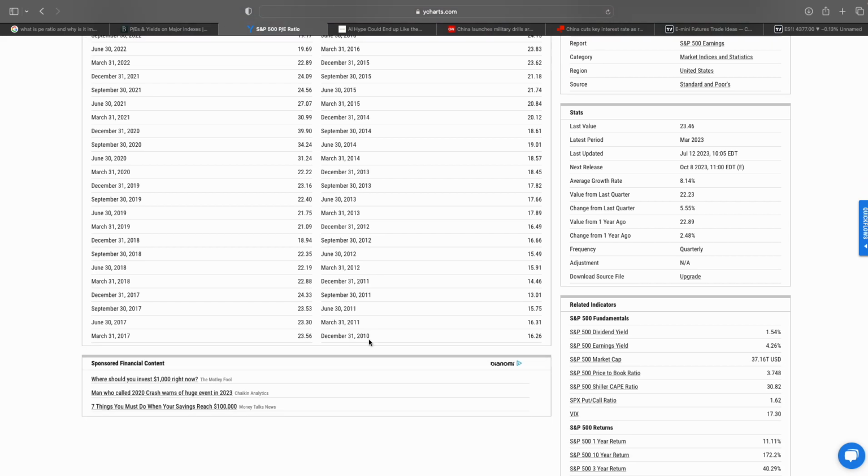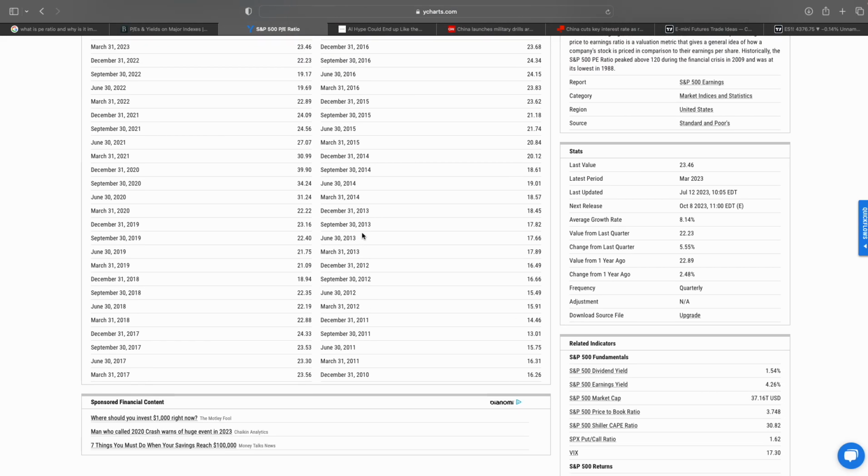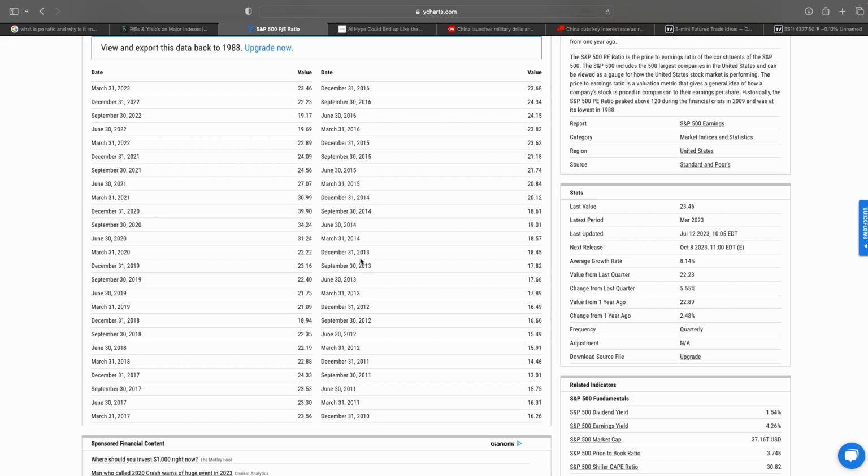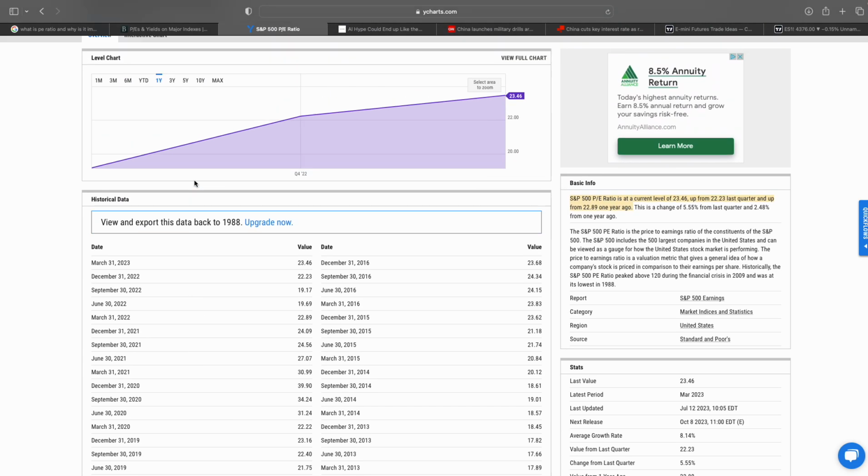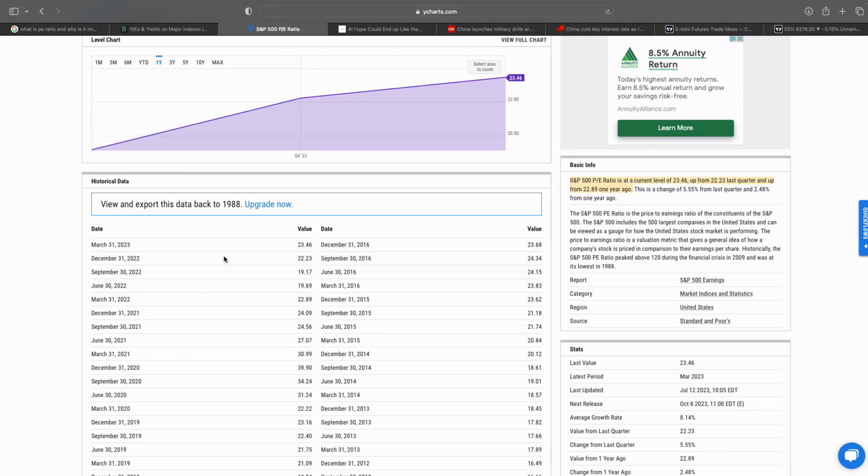You've seen we've had lower PE ratios, and we've done just fine with PE ratios above 18. But if you see right here during COVID, after interest rates were lowered, PE ratios almost doubled up to 39 in December. So that was high speculation. We're down to a decent number right now at 20.